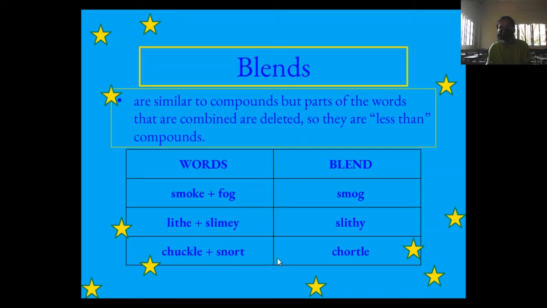I have one example from Harry Potter: the word Gryffindor. It's like a house or a section of the students. Griffin is a creature that is half eagle and half lion. And "dor" means gold. So Gryffindor means golden griffin.